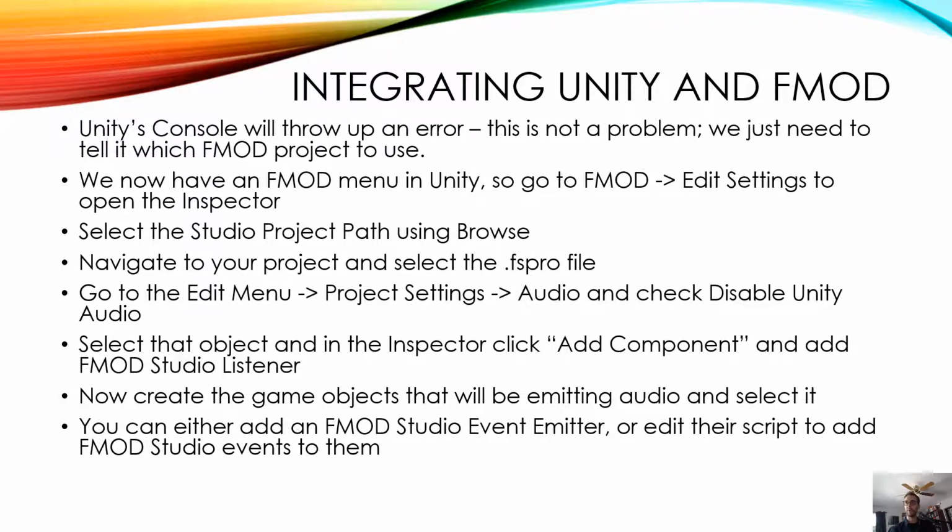So just go to the FMOD menu and then Edit Settings, and that will open up the inspector on the side. Then it's going to say, what is the studio project path? Click on that, browse, find the project that you just created in FMOD. You're going to look for the project.fspro file. Click on that, and that should take it into Unity.